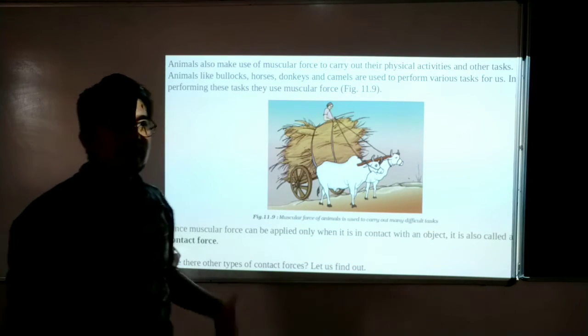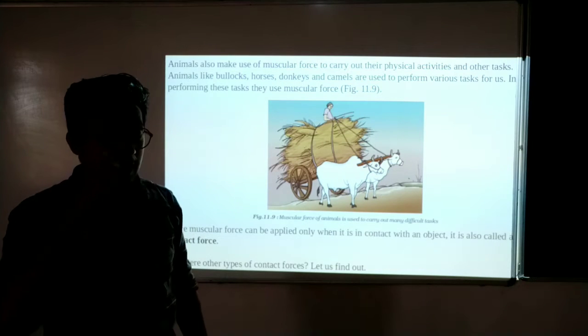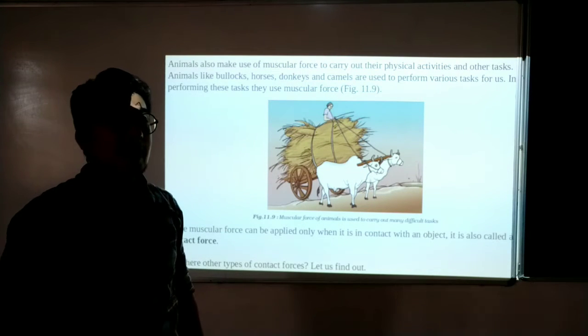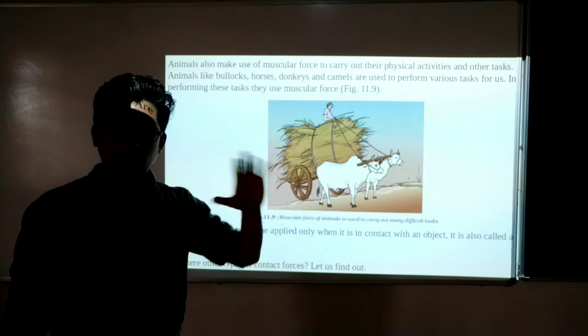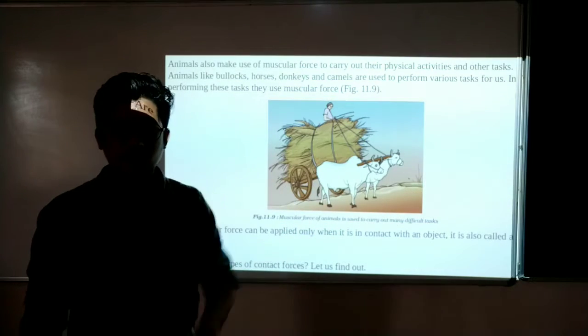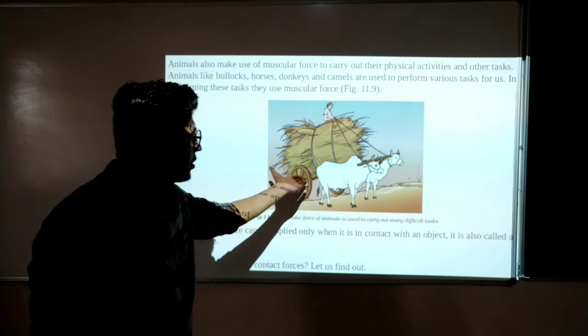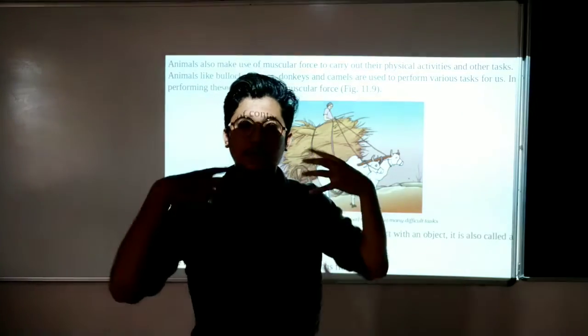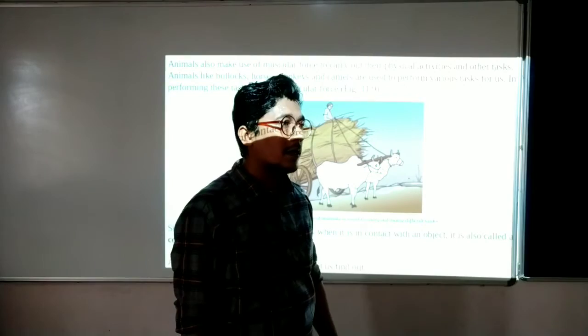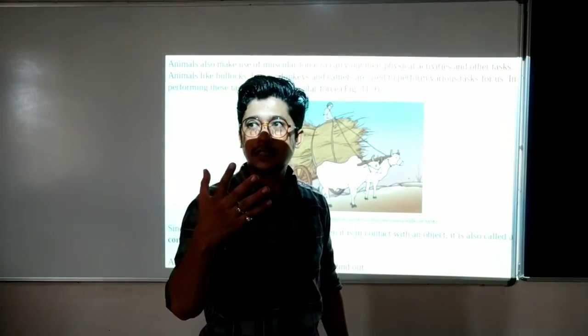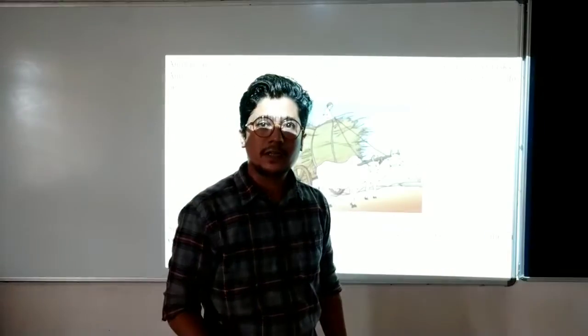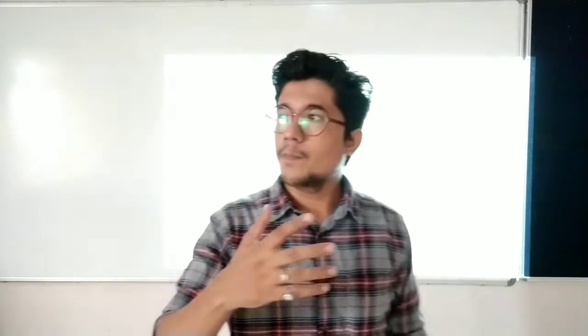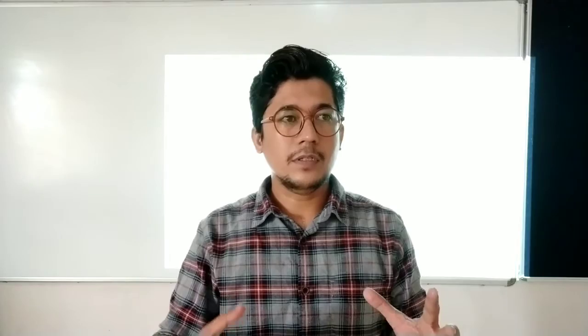The muscular force of animals is very high compared with human force. You cannot carry such a load on your shoulders, because you do not have that much muscular power. An elephant has great muscular power, so it can break trees in a jungle. Why? Because it can generate a lot of muscular force.